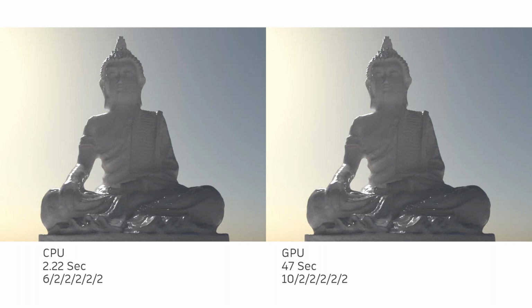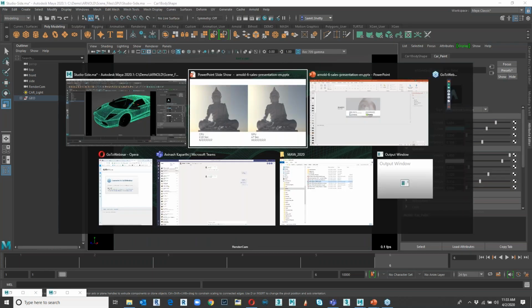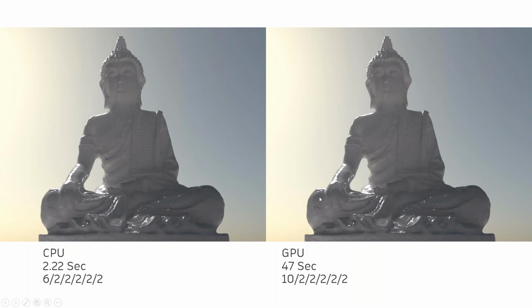But you can see the CPU took 2.22 minutes, whereas the GPU rendering took just 47 seconds on my old hardware, and with a sampling of 10:2:2 versus the CPU's just 6 sampling. So you can see the performance difference. That's the power of GPU rendering. It saves a lot of time, and of course the artist's patience as well.